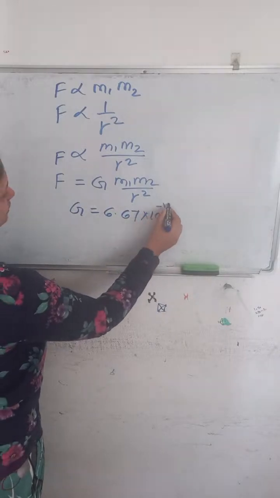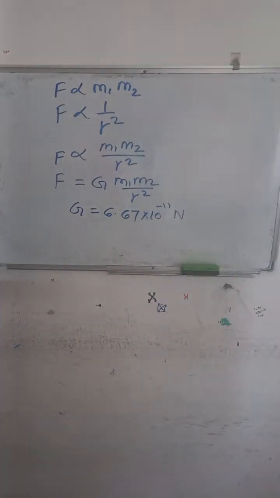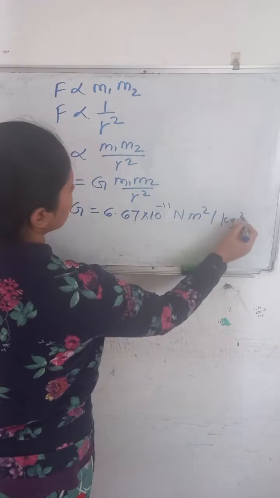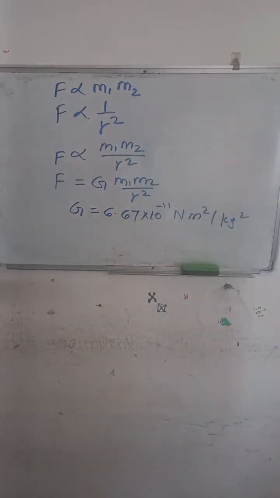The value of G is 6.67 into 10 raised to minus 11 Newton meter square per kg square. This is the unit for G, and the standard value is 6.67 into 10 raised to minus 11.